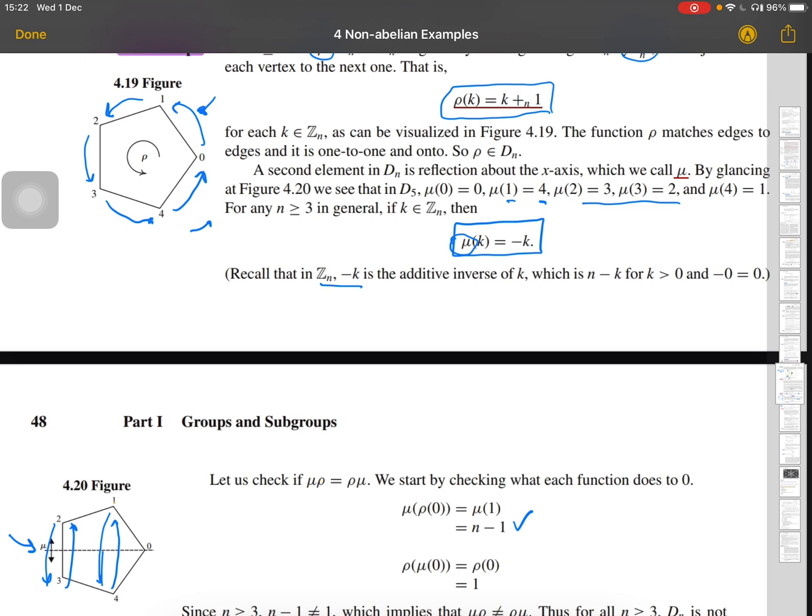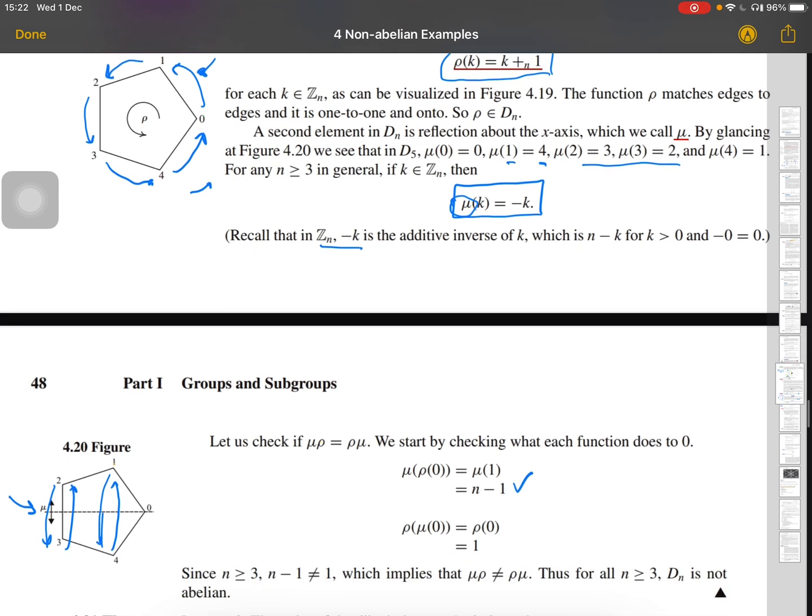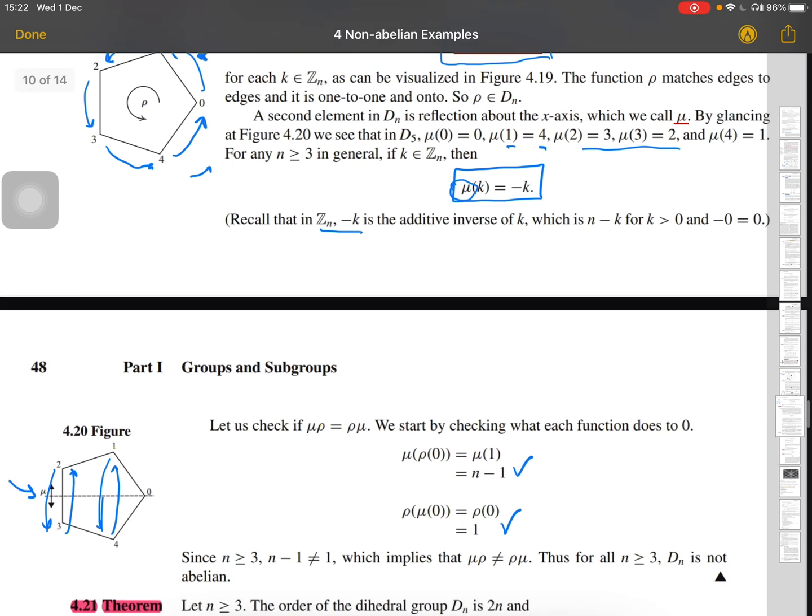By the same experiment, if you do rho mu of 0, because mu of 0 maps to 0, and then rho of 0 maps to 1, rho mu of 0 for any n will always map to 1. Since n is greater than or equal to 3, n minus 1 is not equal to 1, which implies that mu rho does not equal rho mu for any n.